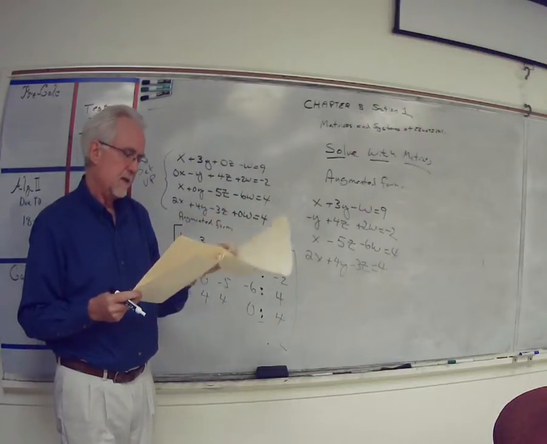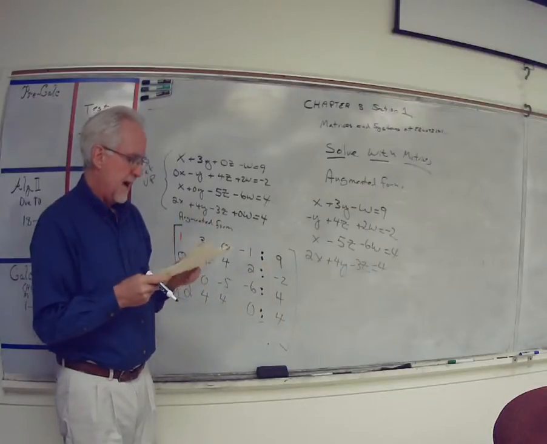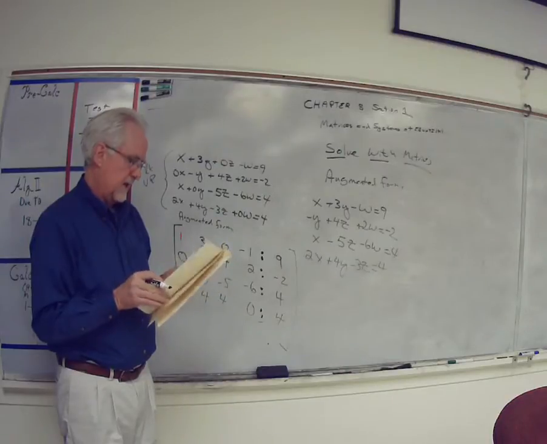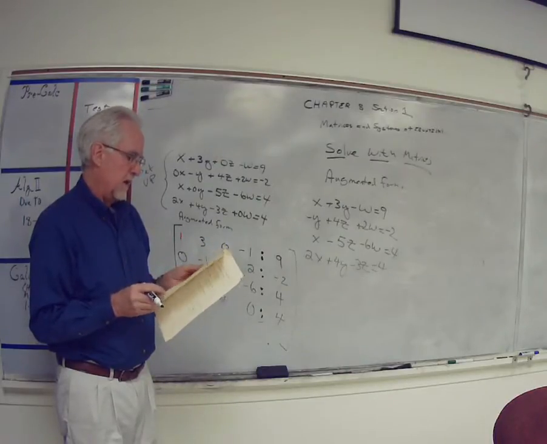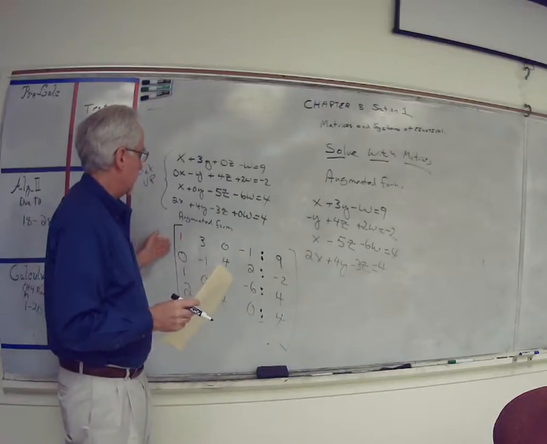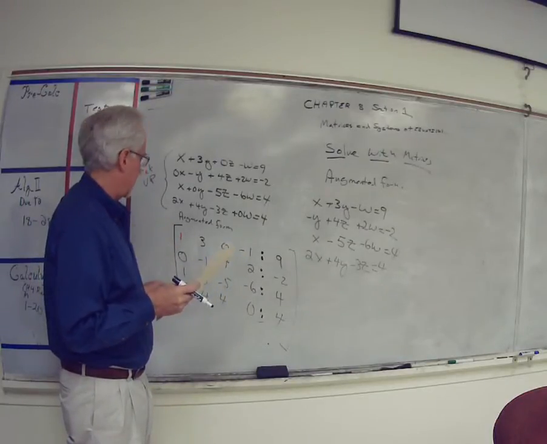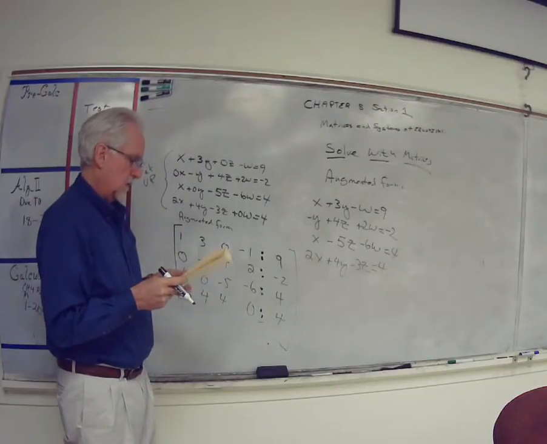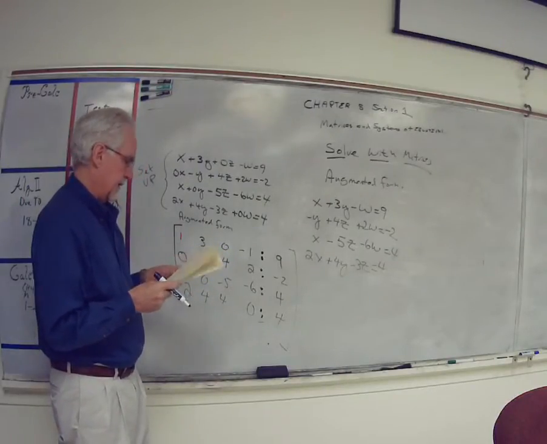Does that make sense? Yes, sir. Now we can solve this by doing allowed operations, and I will show you what they are. But do you understand how to get to augmented form now? Yes, sir.